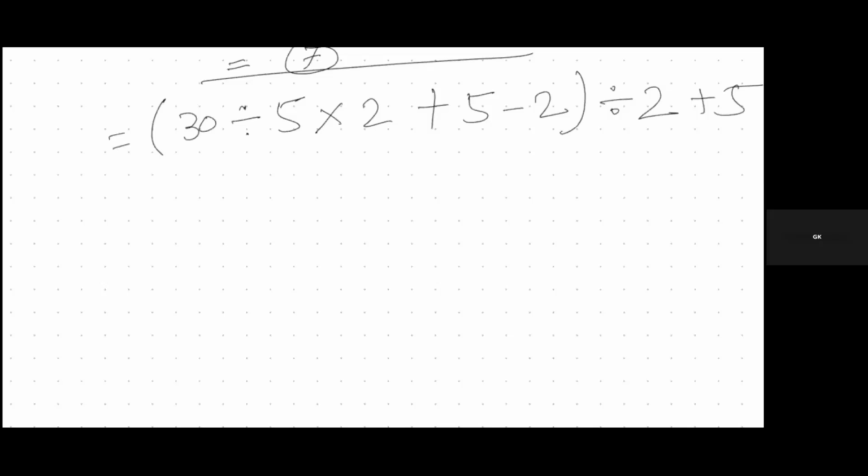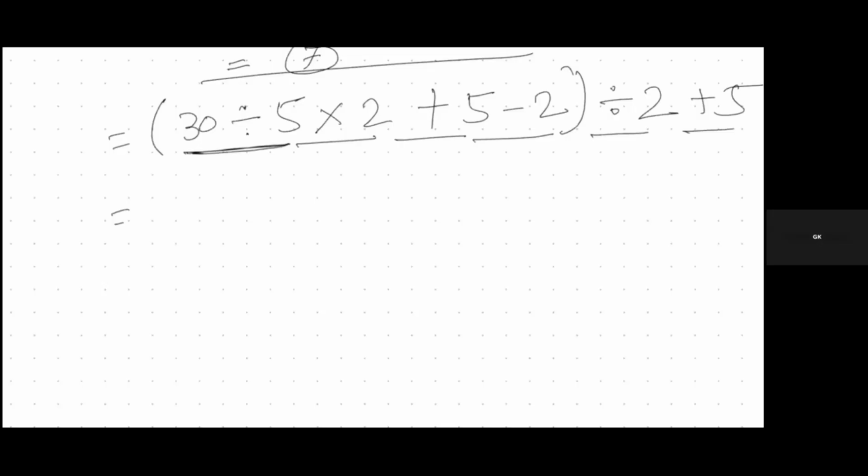Within the bracket we have a division, a multiplication, addition, and a subtraction. In this expression, all four operations are to be carried out, and outside the bracket there is a division and addition. In this case, the division with respect to the bracket is to be solved first.